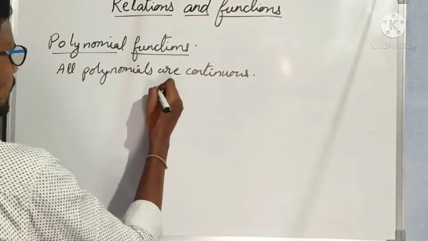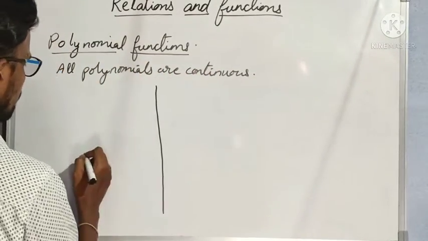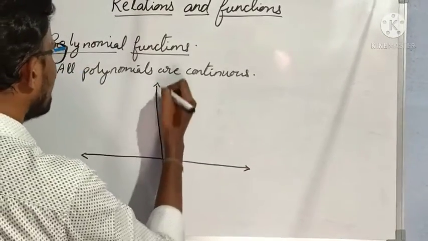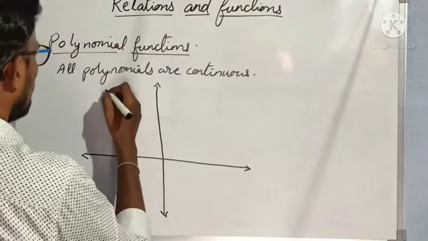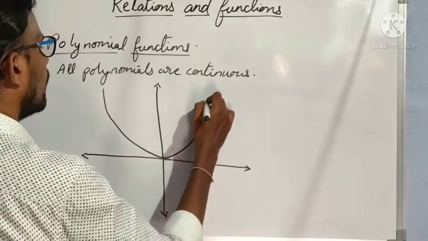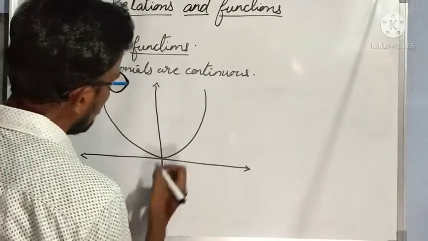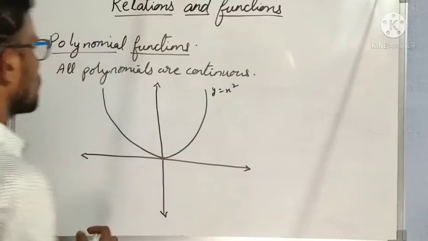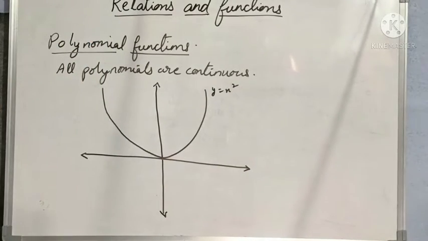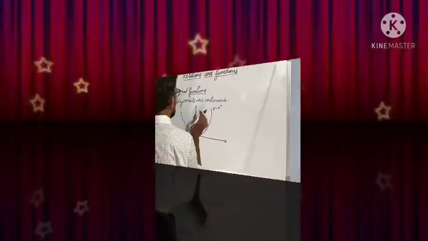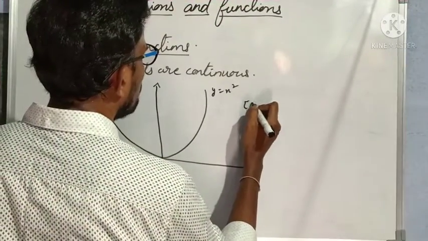Next, the quadratic polynomial. How will the quadratic polynomial look? A parabola, right? In general we write y is equal to x square. This is a quadratic polynomial. So what is its range? The range is only 0 to infinity.